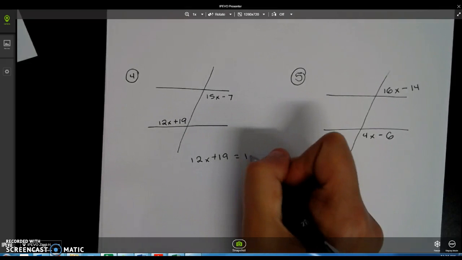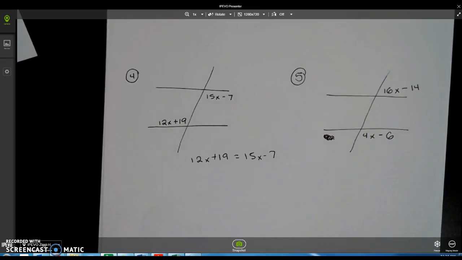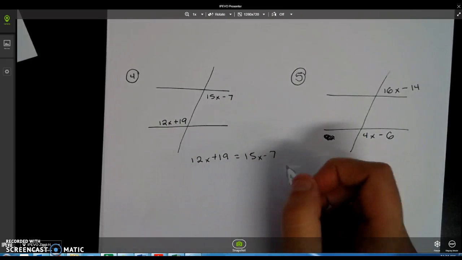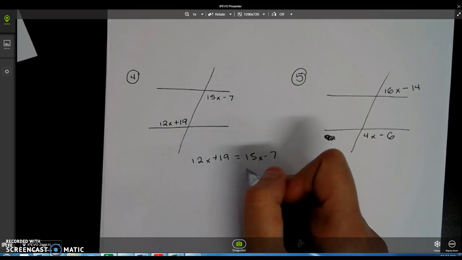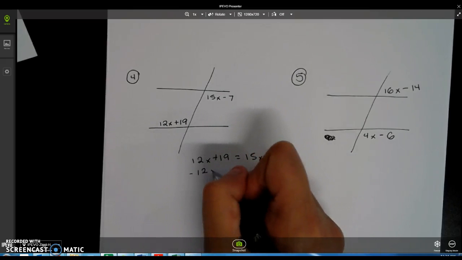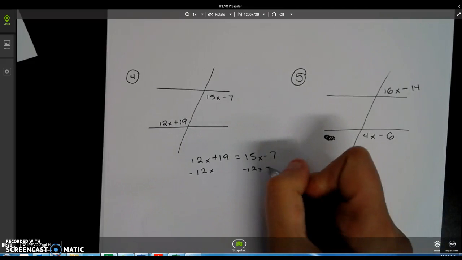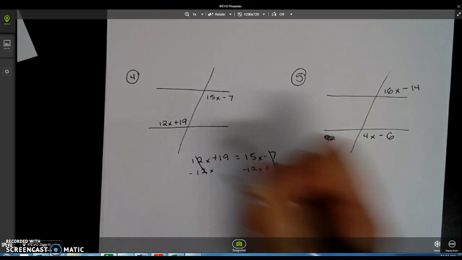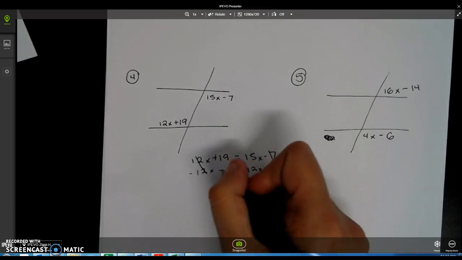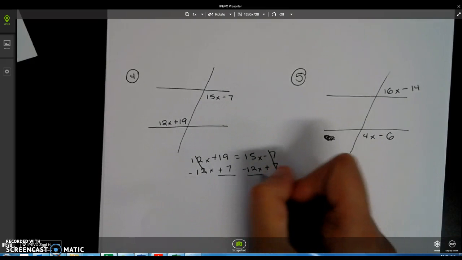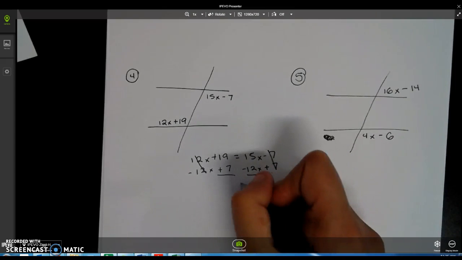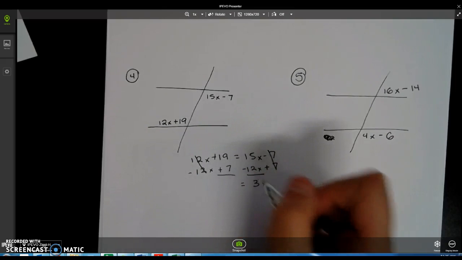So I write them just like I said them. They are equal, right? So I'm going to keep it positive. Let's go ahead and subtract 12x from both sides. And add 7 to both sides because that's going to cancel out one thing on each side. 3x equals 26.